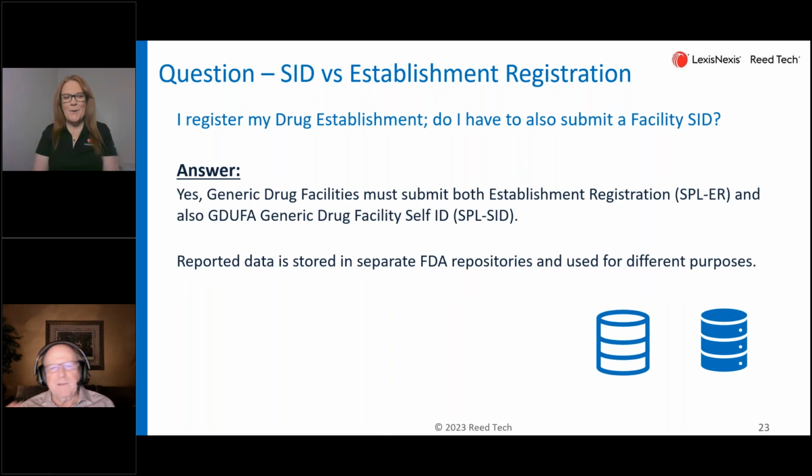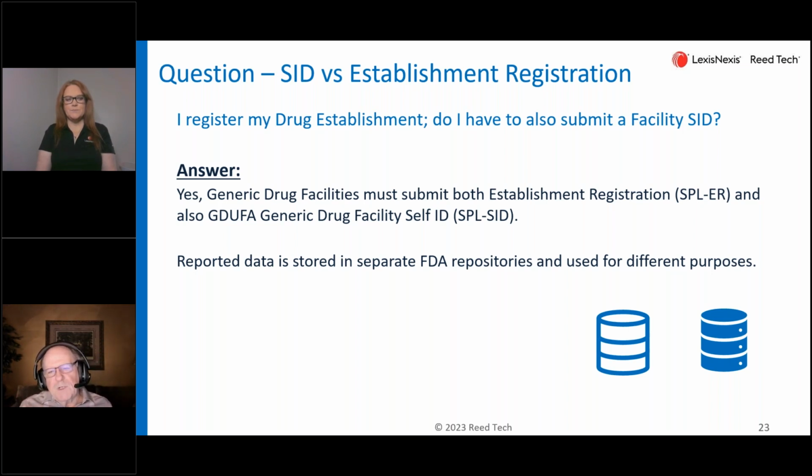And the reason that we have heard from the FDA is that these two particular reports, first your establishment registration for many different drug types. It's kind of the universal establishment registration for all pharma, prescription, generics, and so on.